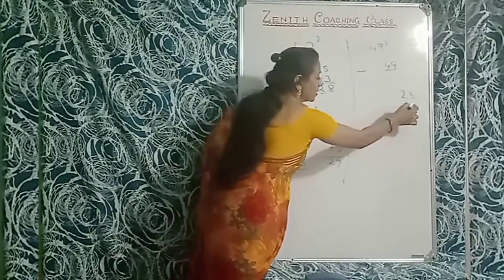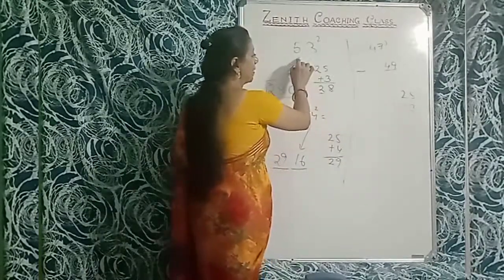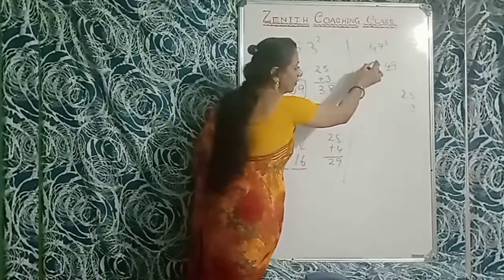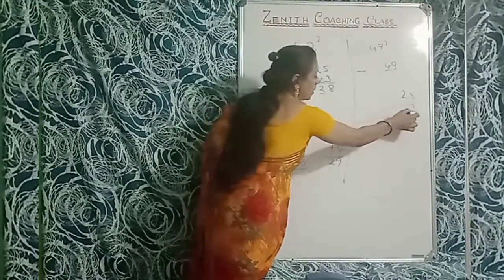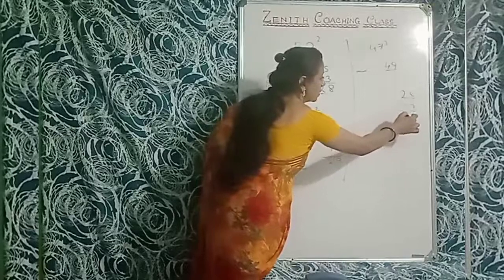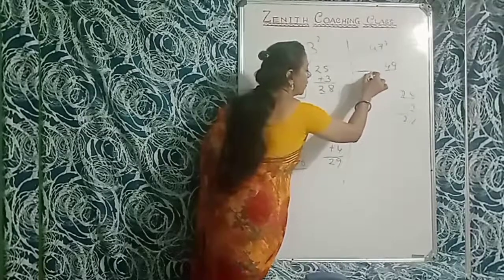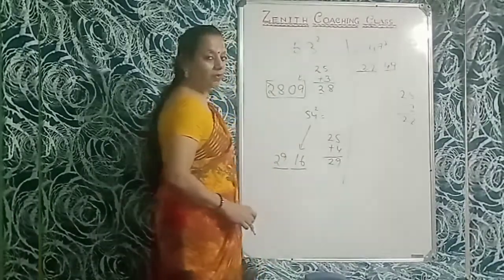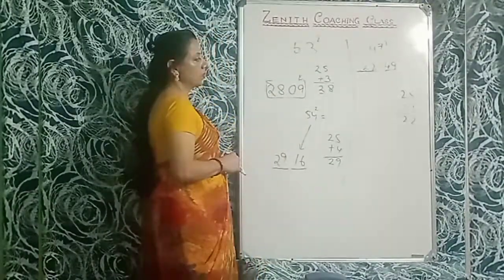So here is minus 3. If the number is more than 50, that is plus. And if the number is less than 50, that is minus. So here is minus. So 22. So here is the number. 47 square is 2209.